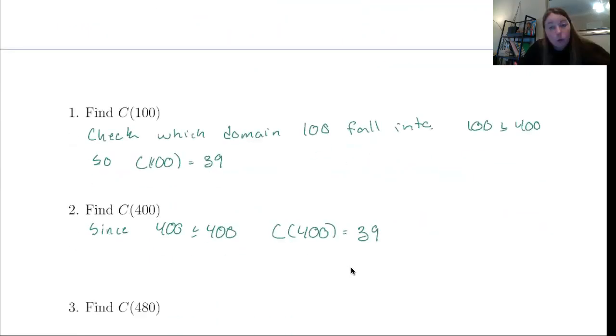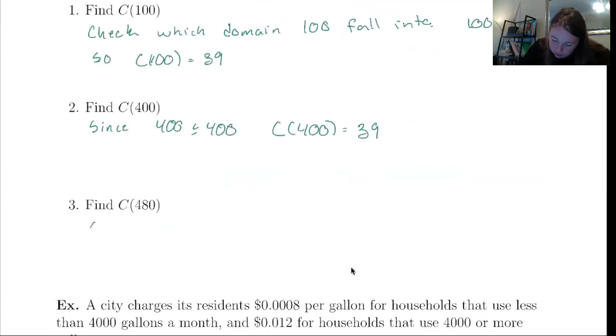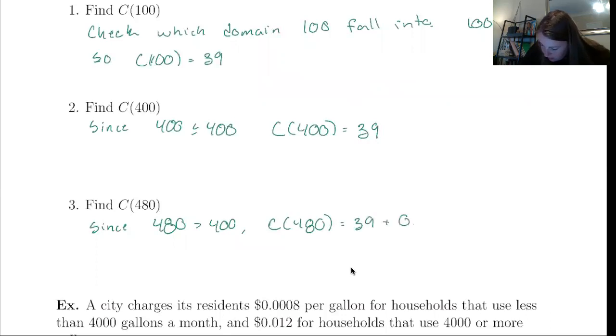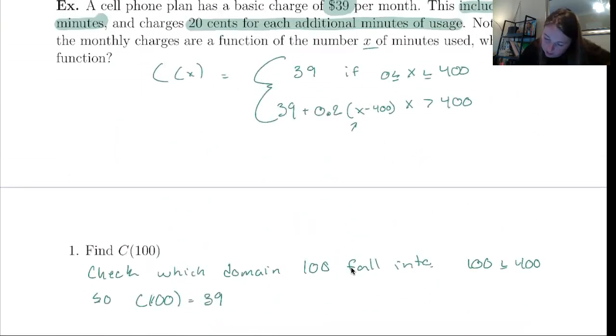But at 480, I've gone 80 minutes over. So since 480, my input, is greater than 400, C of 480 is going to equal 39 plus 0.2 times 480 minus 400, which is the second one right up here, right?